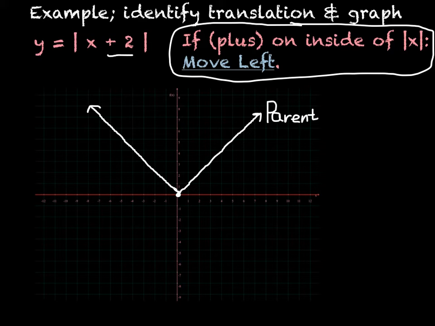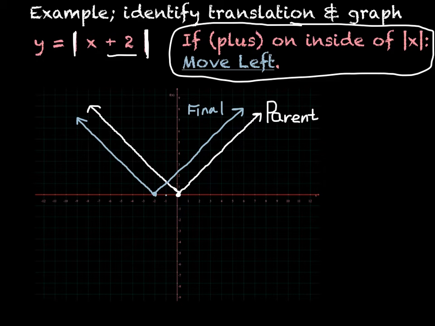So we have plus 2 on the inside of the absolute value, so we're going to move to the left 2 spots, 1, 2. So that is the new point of my v, and then I'm going to go up 1 over 1, and there's part of it, and then I go up 1 over 1 the other direction. There's the other part, so this is my final graph.